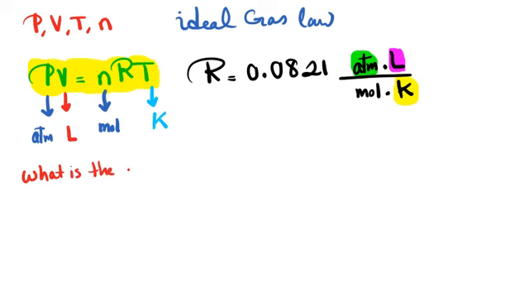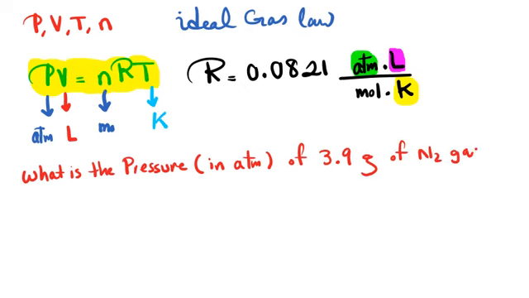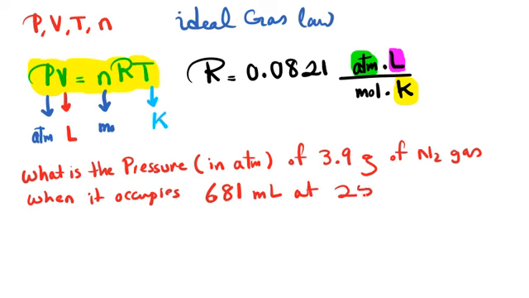What is the volume in liter of, let me write that one like the pressure because it's easy to calculate in this first example, 3.9 grams of nitrogen gas when it occupies 681 milliliter at 25.0 degrees Celsius.